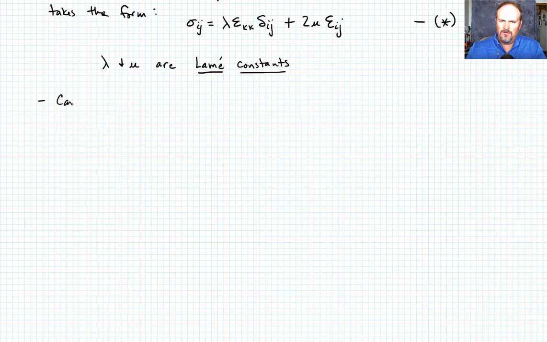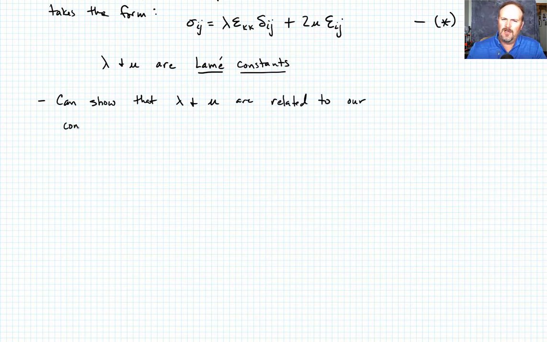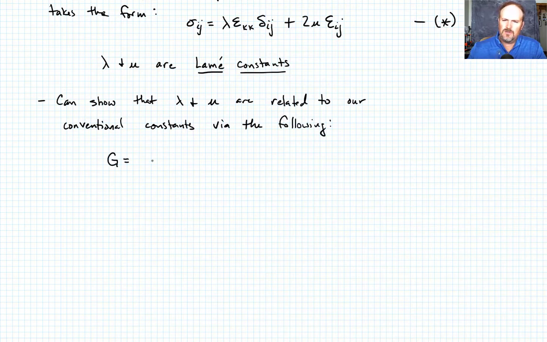We can show, and I will have you do so in a homework later on, that lambda and mu are related to our conventional constants via the following. The shear modulus G, this is the easiest one, is just equal to mu. So even though mu is called a Lamé constant, it's just the shear modulus. The Young's modulus E is a little bit more complicated.